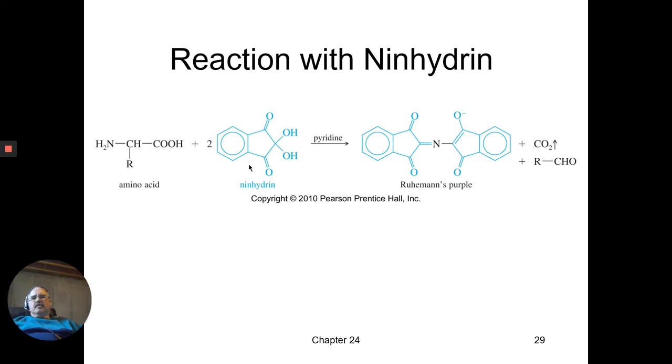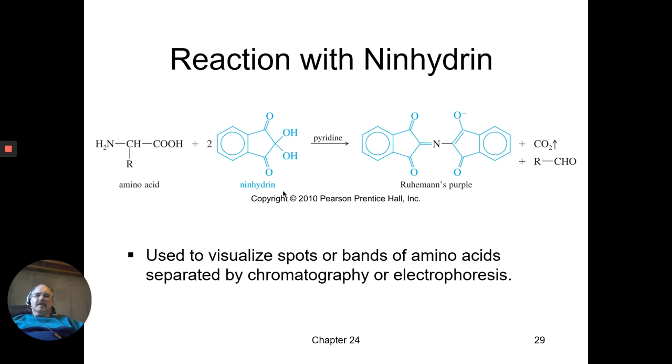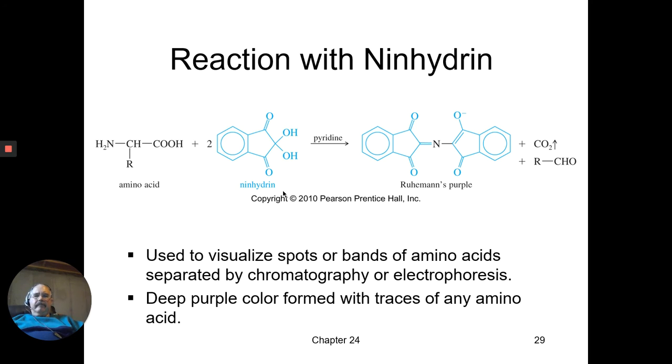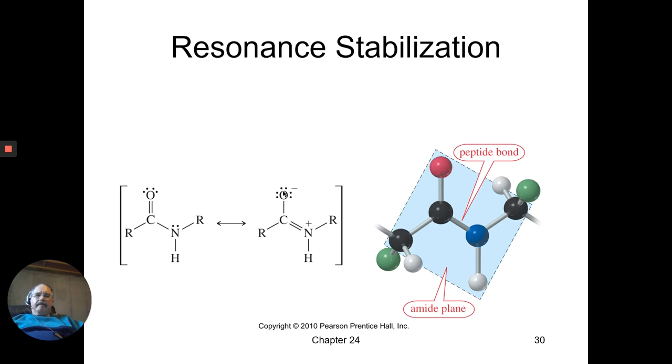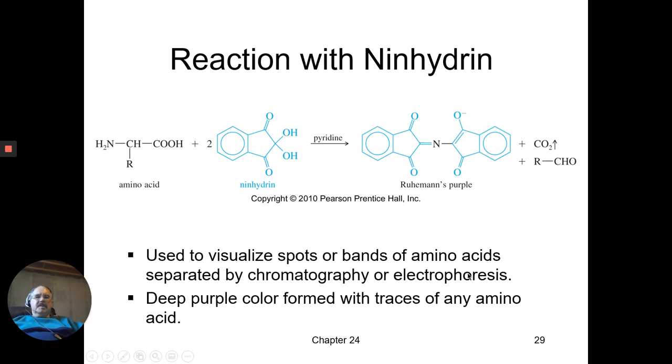This is typically sprayed onto the plate, and it produces a purple color. So wherever you have a purple spot, that indicates an amino acid. If you get ninhydrin on your hands, it turns them purple because of the proteins. And this is also used in electrophoresis to help visualize the bands.